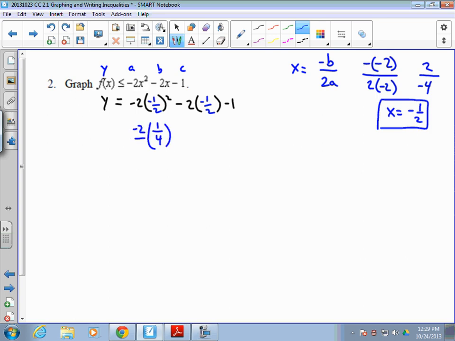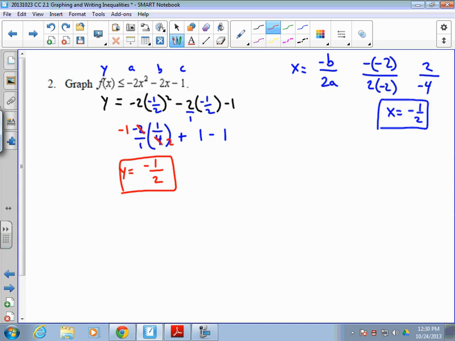Remember, that's over 1 where you can multiply fractions. This one's over 1 as well. Negative 2 times negative 1/2, a negative times a negative, is a positive 1, minus 1. When we simplify this, the number 2 goes into negative 2 negative 1 time and into 4 twice as we cross cancel. That leaves us with negative 1 over 2 plus 1 minus 1, which is plus 0. So we have our y value also at negative 1/2.